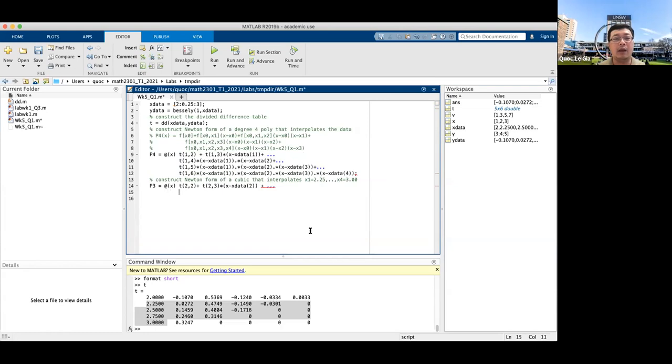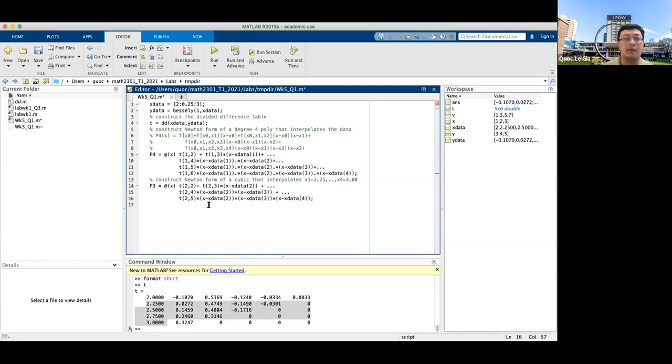Now the next one will be t to 4, and you multiply with x minus x data 2, x minus x data 3. Then t to 5, and now just cut and paste, so x minus x data 4.